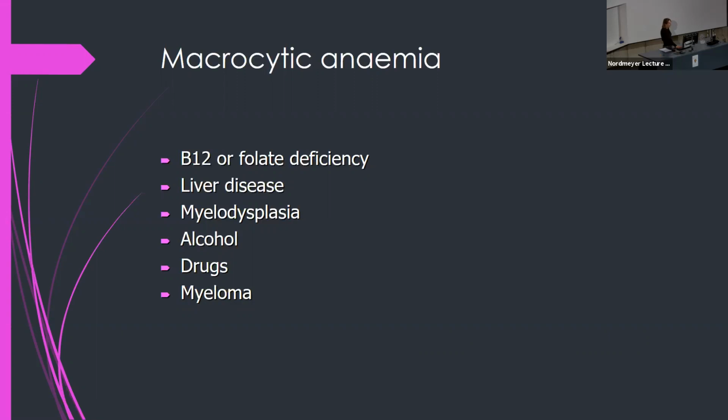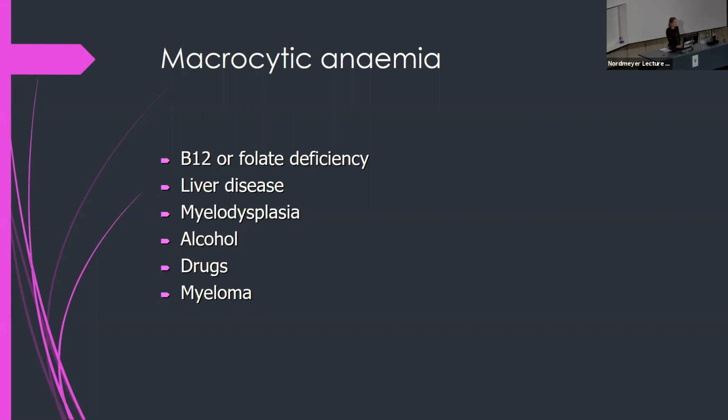Alcohol, you correctly said alcohol causes macrocytic anemia. Drugs, and I really mean medication drugs, not recreational drugs. So things like cytotoxic drugs, some of the HIV drugs will give you macrocytosis, and I think some of the anti-epileptics as well.